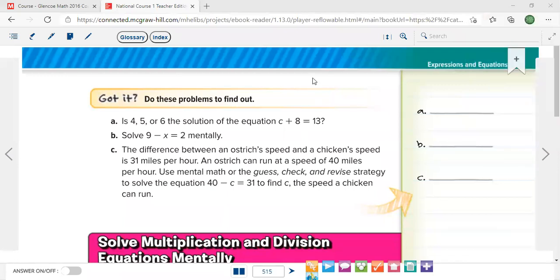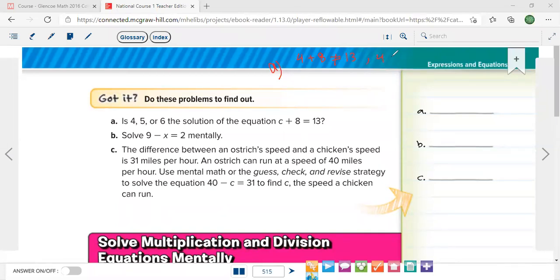As I was saying, we must try every one of them for problem A. Let's try the 4. 4 plus 8 is not equal to 13.